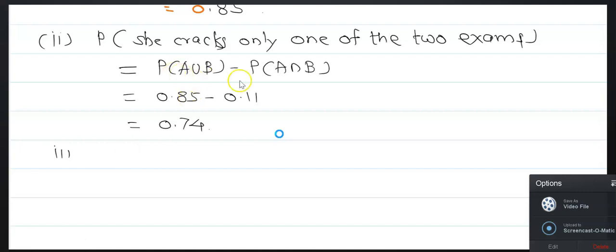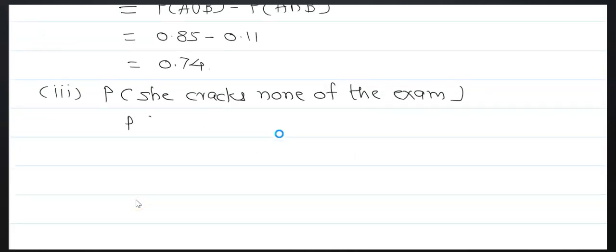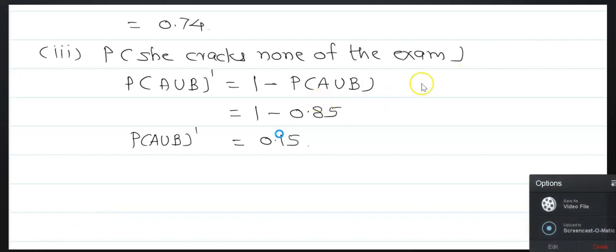That is, P of A union B minus P of A intersection B is equal to 0.74. Now next, she cracks none of the exams. That is, we want to find out P of A union B complement, and that is equal to 1 minus P of A union B, that is 1 minus 0.85, and their subtraction gives P of A union B complement equal to 0.15.